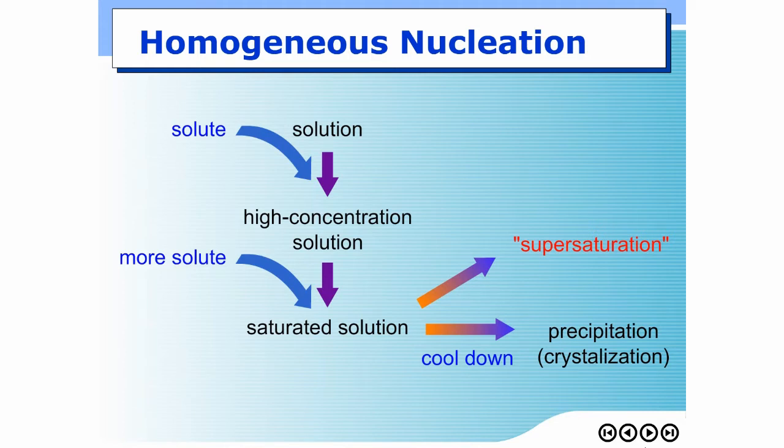Okay? If the precipitation has not yet occurred, in that particular moment, just in a very brief window of time, the concentration in the solution should exceed solubility. In that case, we call the solution supersaturated.